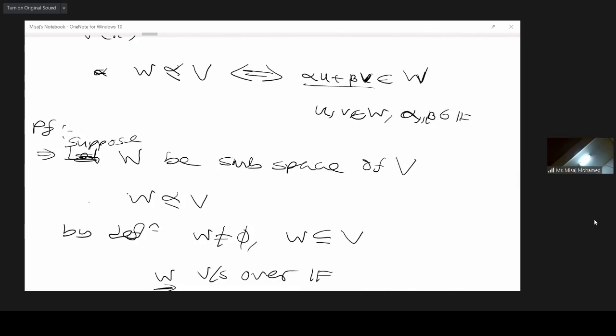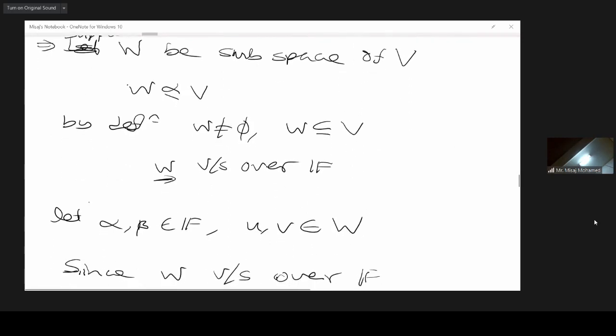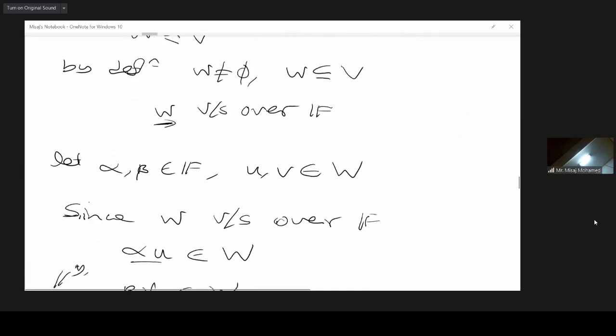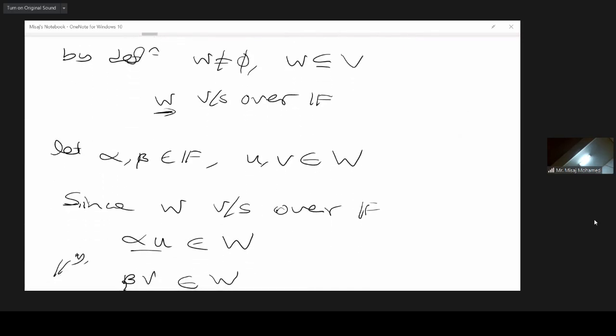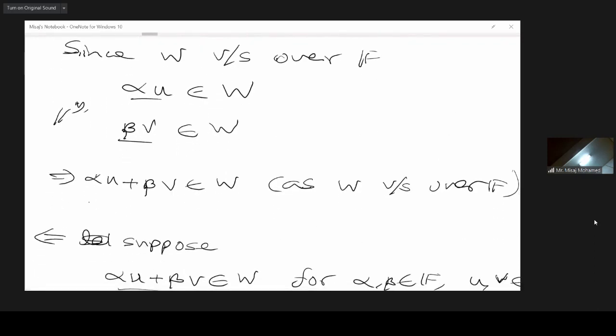Suppose W is a subspace of V, which means according to the definition, W is non-empty, W is a subset already given, and W is a vector space over F. So if you take any alpha and beta and u and v, alpha u is there, beta v is there, and addition is there because of the closure property. Therefore, the forward way is done.